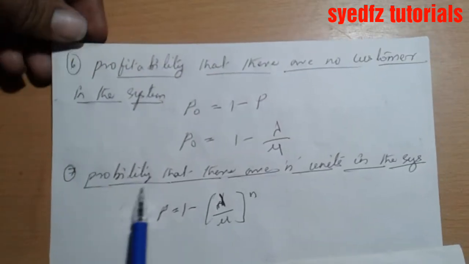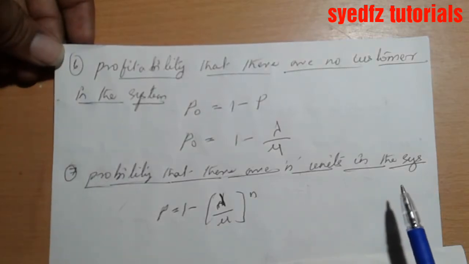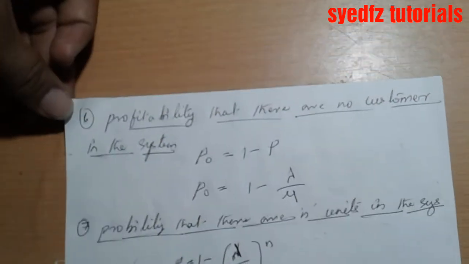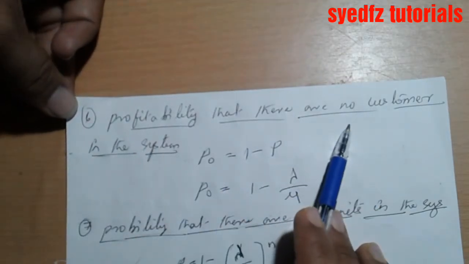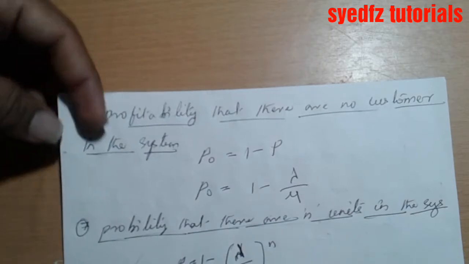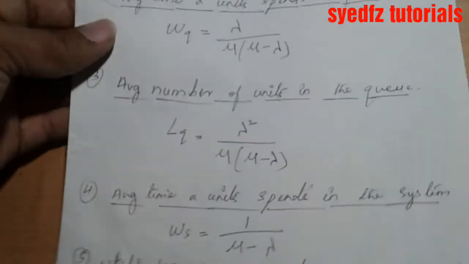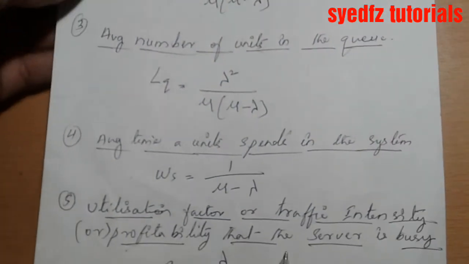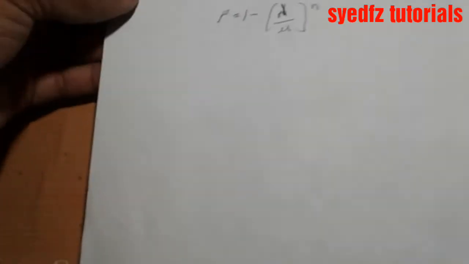Let's see the probability that there are n units in the system. Which formula will be suitable? Probability that there are 2 customers in the system. Here is the probability that the server is busy, which does not fit. This is not the formula.